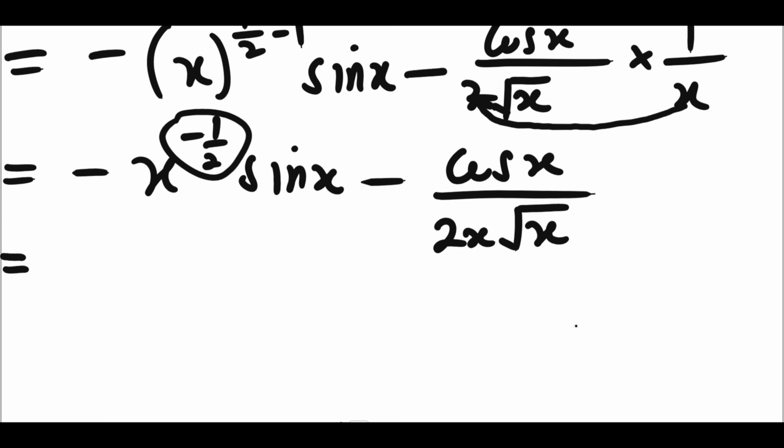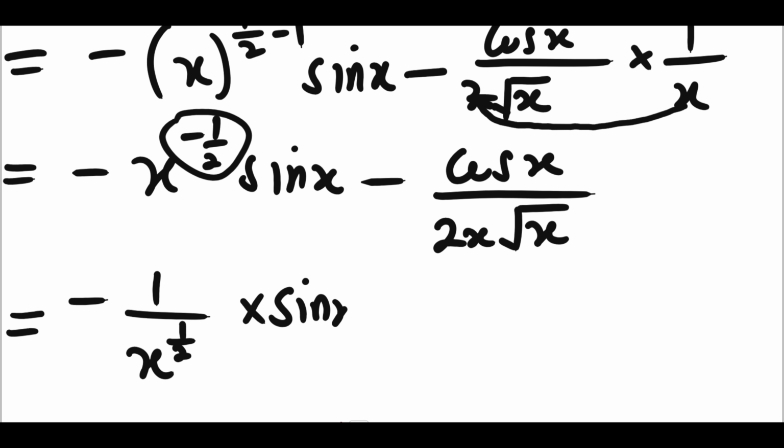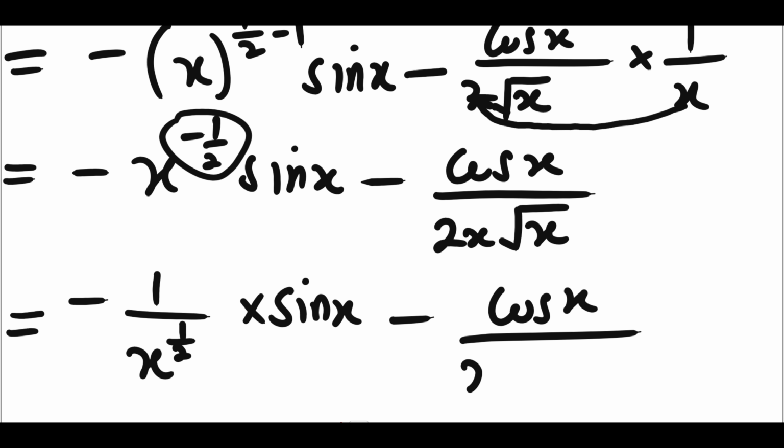Okay, so let us maintain our negative sign. X exponent negative half is the same as 1 divided by x exponent positive half. Okay, then times sine x, minus cos x divided by 2x multiplying square root of x.